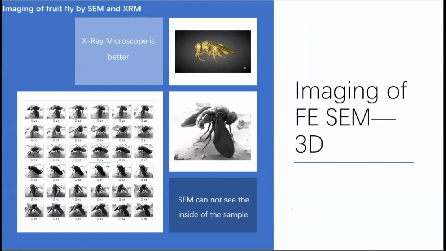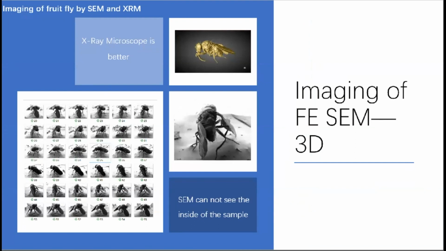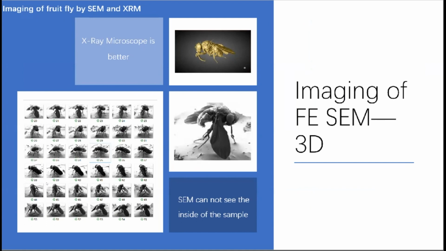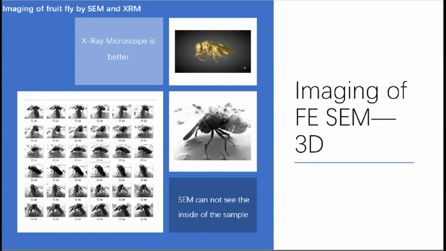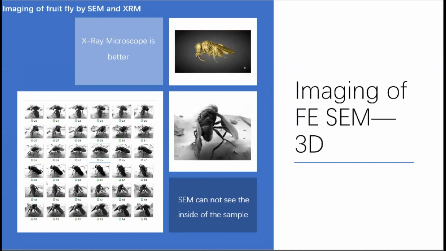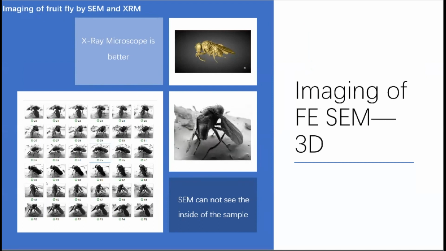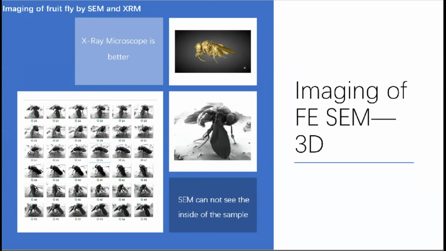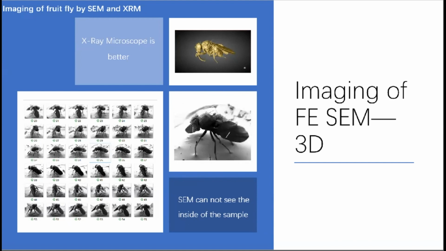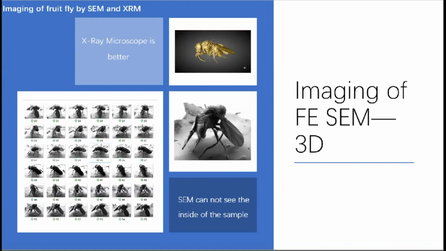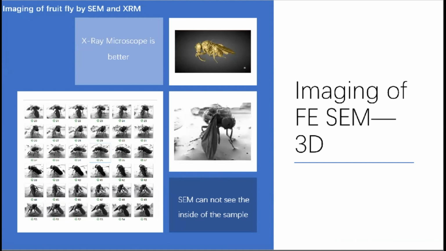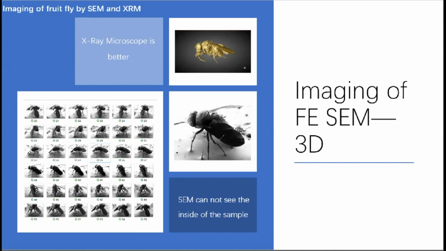If we take many images, just like this, of a sample by rotating with a single angle, we can reconstruct the data and obtain 3D images. This shows the 3D image of a fruit fly. We rotate the stage with a small angle and gather the data to make a 3D image.